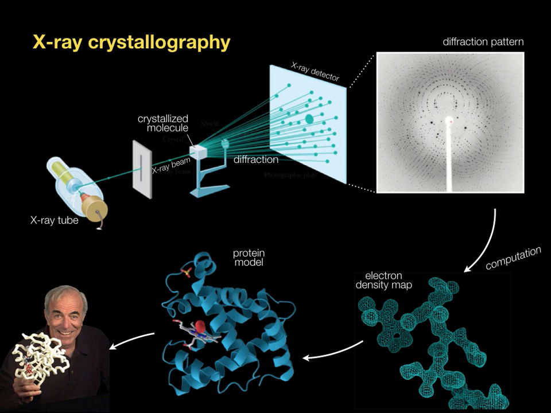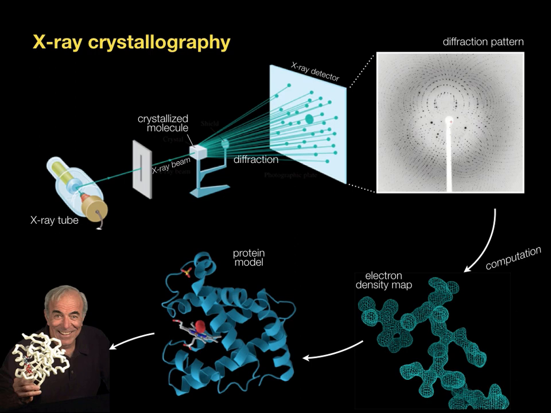We shoot a beam of X-rays through it, and then all these particles are going to cause a diffraction in the beam that we can detect. And that is going to look something like this, which doesn't tell you much unless you have, again, the computational tools to make it make sense.